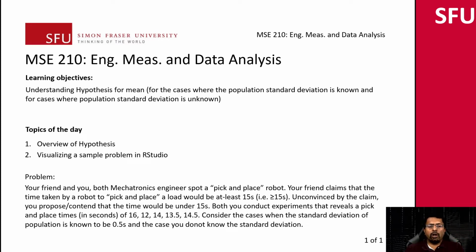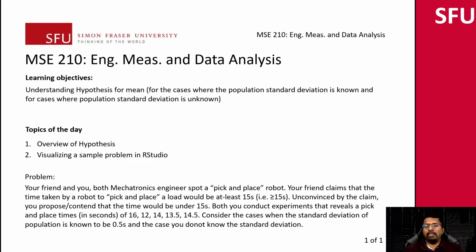So generally when we talk about hypothesis, it's a guess or some claim regarding the population. There could be multiple hypotheses, but within the scope of statistics, we're generally talking about some claim related to some population parameter. An example here is you and your friend come across a pick and place robot. Maybe you built it or maybe your friend did.